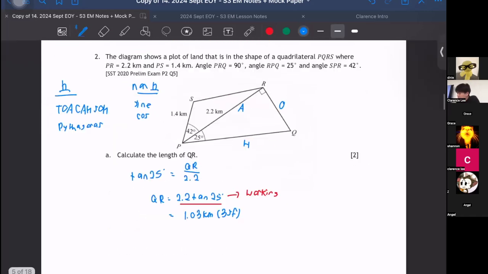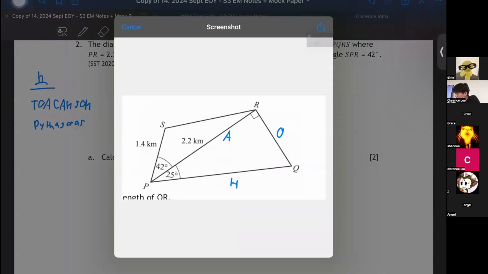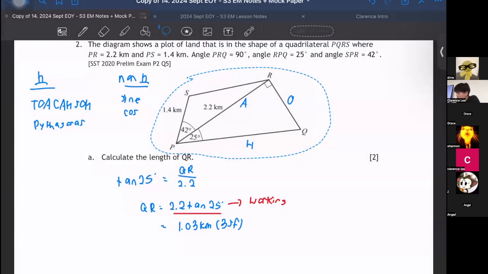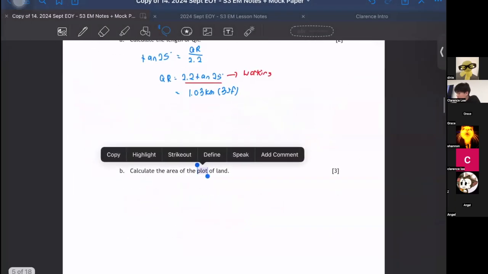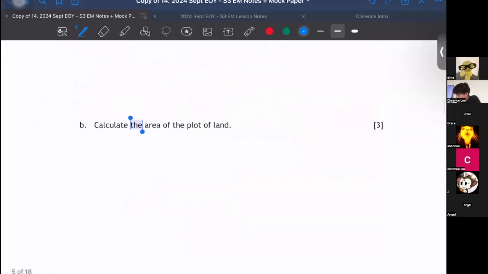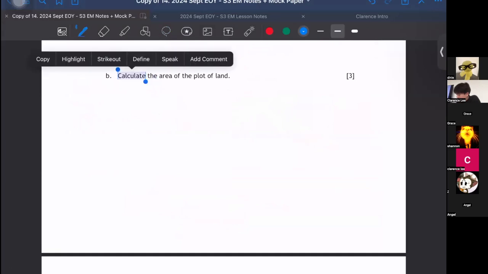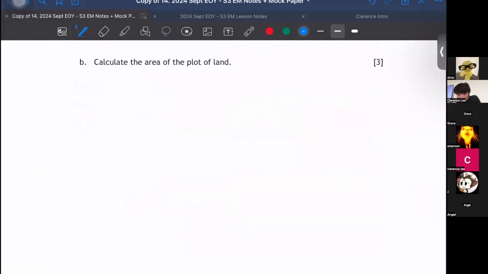Part B asked me to find the area of the plot of land. Okay, so wait, let me just copy the diagram. Never mind.